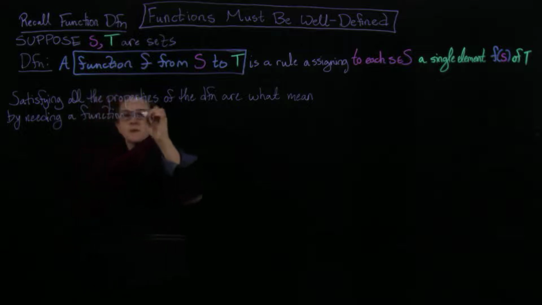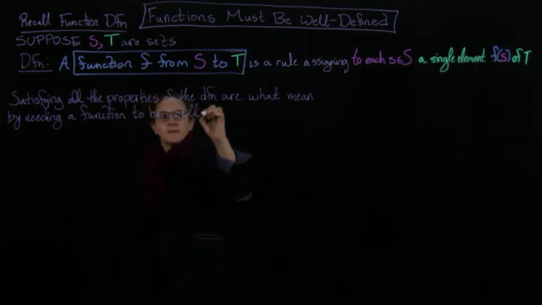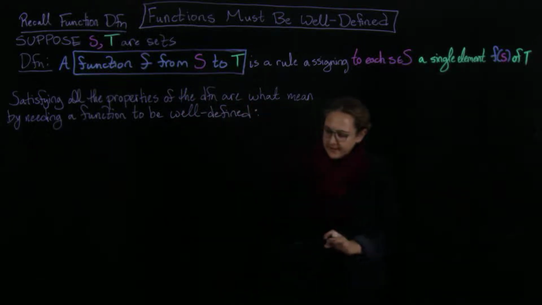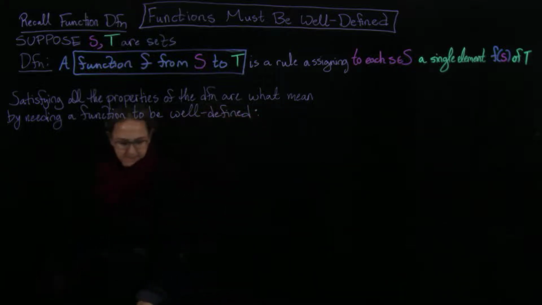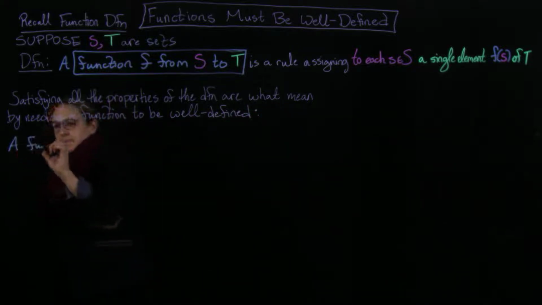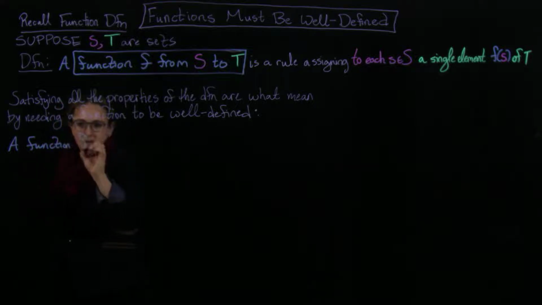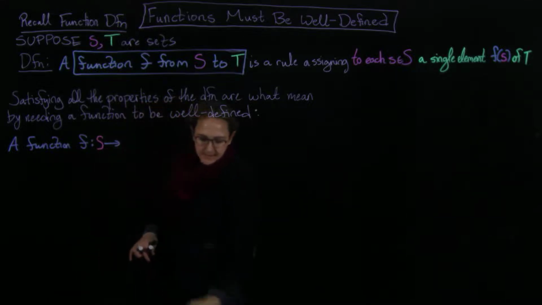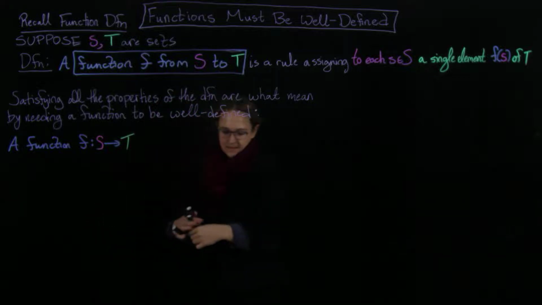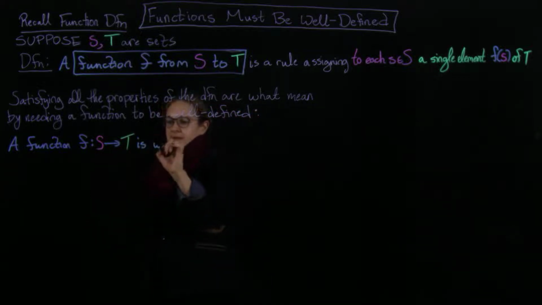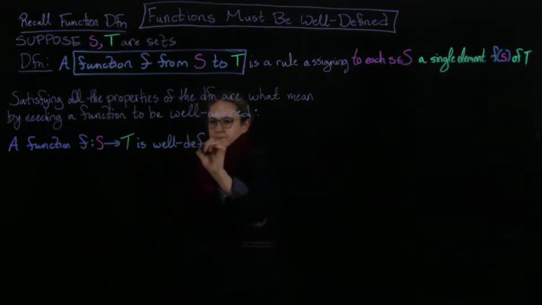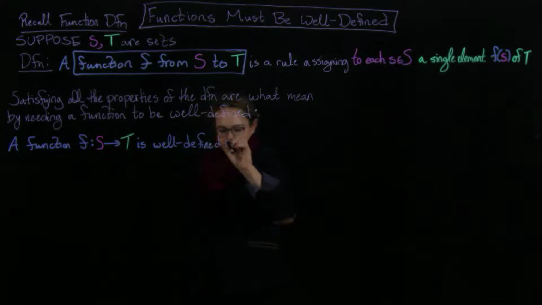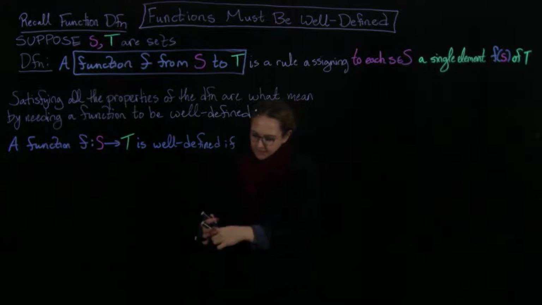Okay, so let's look at that then. A function f from S to T, which is the notation up there, is well defined if it's going to need to satisfy all of these properties.